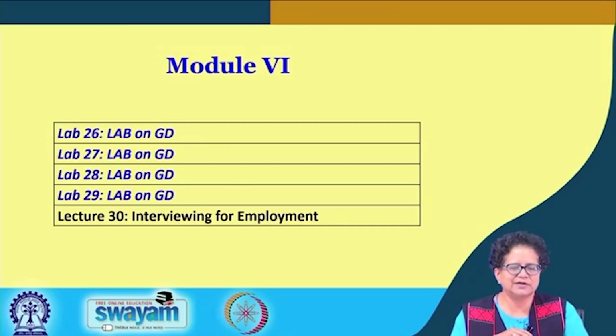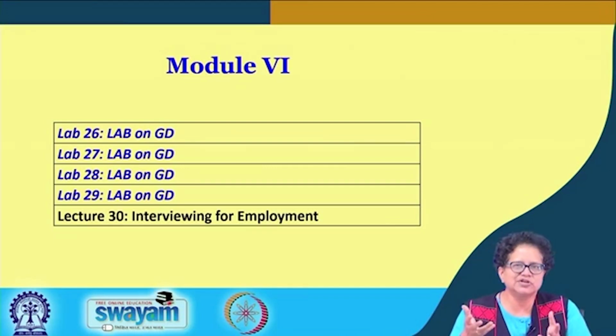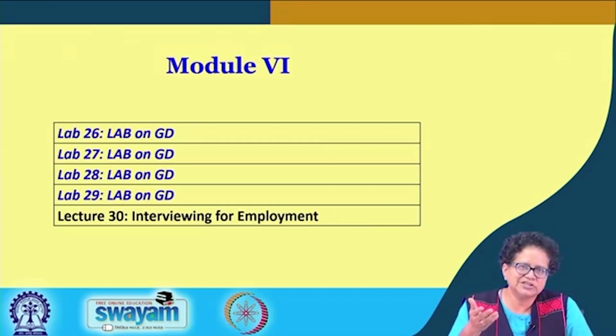Then we had 2 group discussions of the case study type, and then 2 group discussions of the fishbowl type, which is the in thing nowadays, which recruiters are using because it tests the interpersonal communication skills and the discussion skills of the candidates.